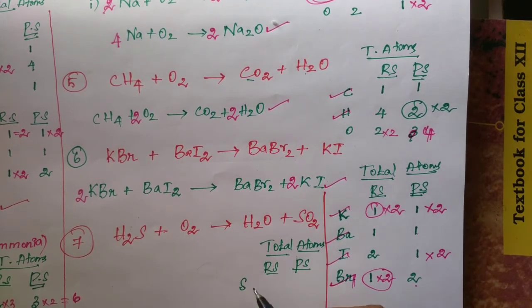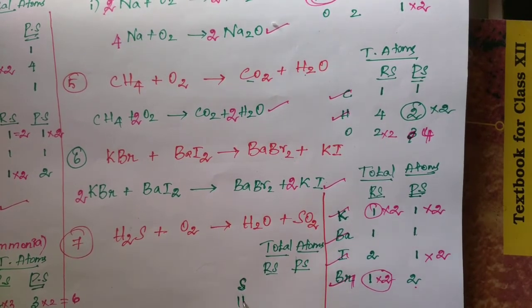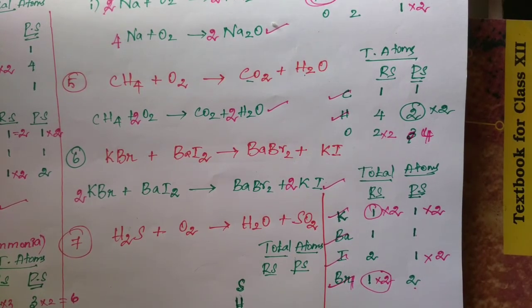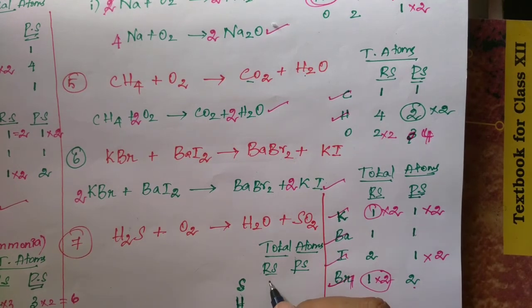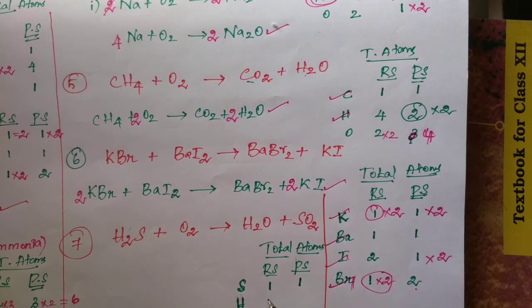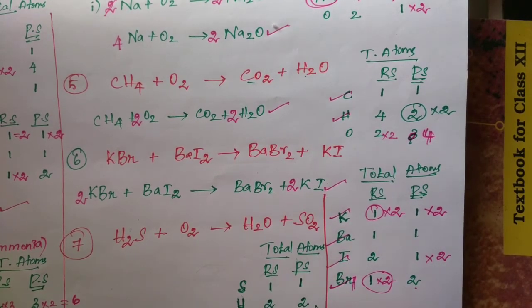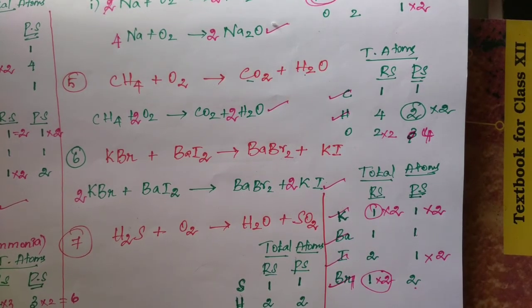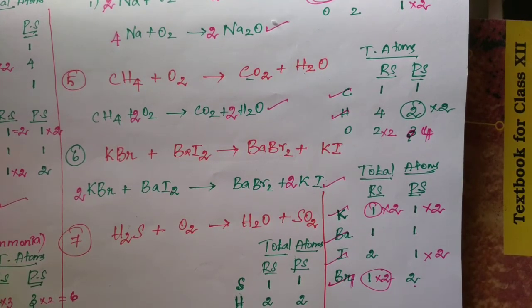First sulfur, hydrogen, oxygen. Sulfur in reactant side 1, product side also 1, and hydrogen reactant side 2, product side 2, oxygen reactant side 2, product side 3. Sulfur balance, hydrogen balance, only oxygen you have to balance.